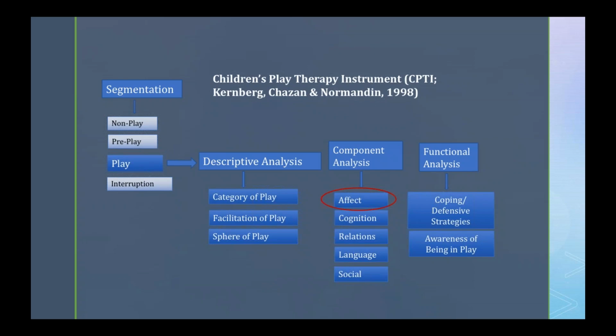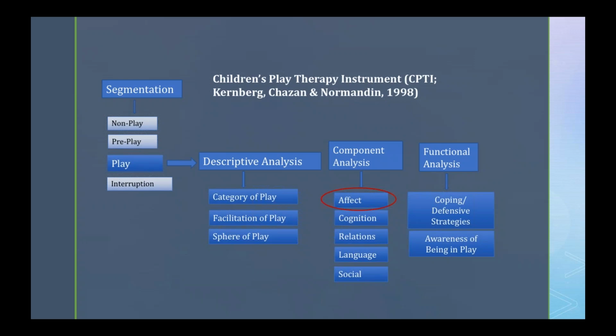Yes, it's right. As you'll see on this slide, it's a very comprehensive measure of codifying play behaviors in the session. So it has many other items and scales that pertain to other play behaviors. Okay, thank you.